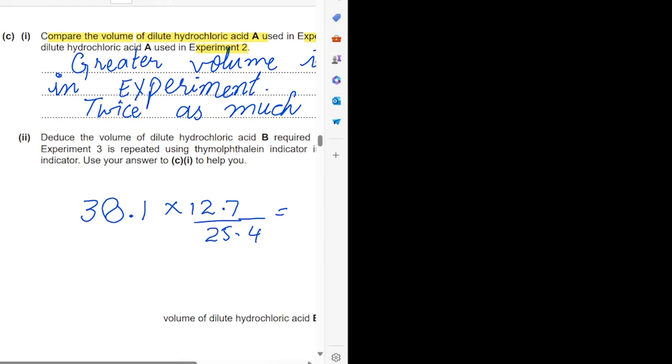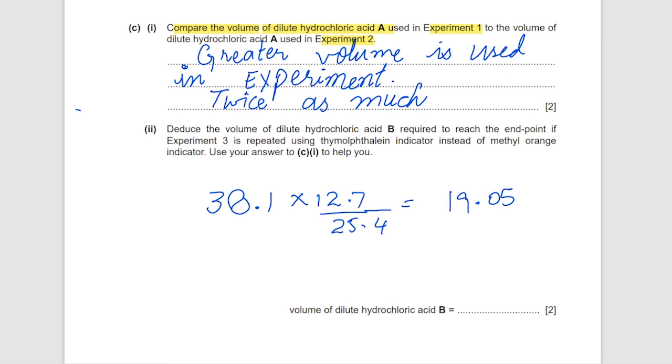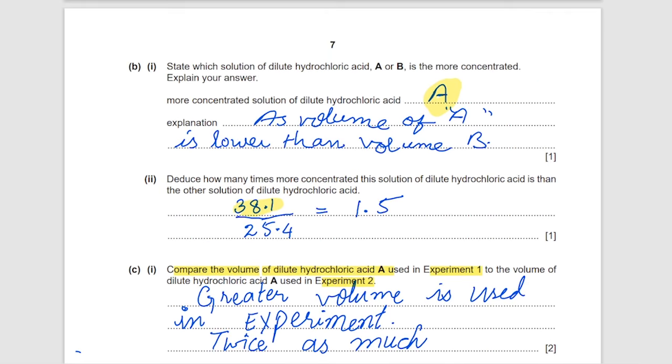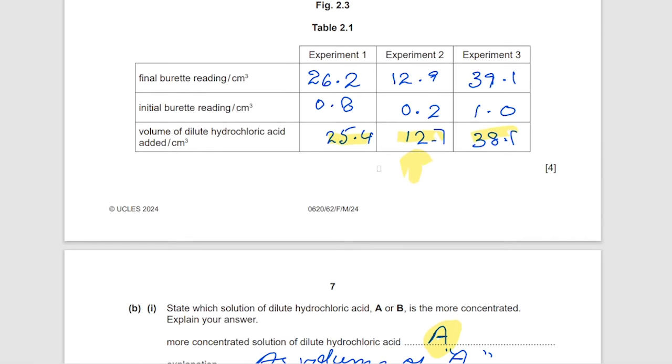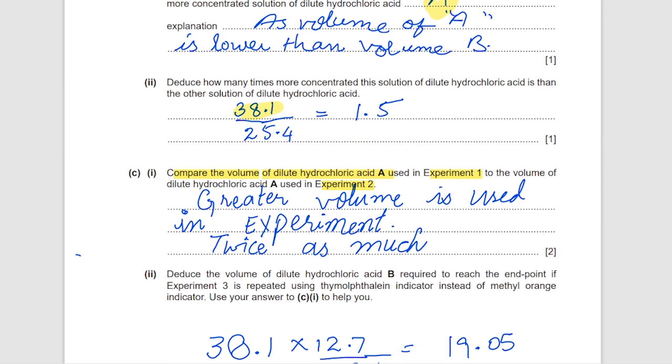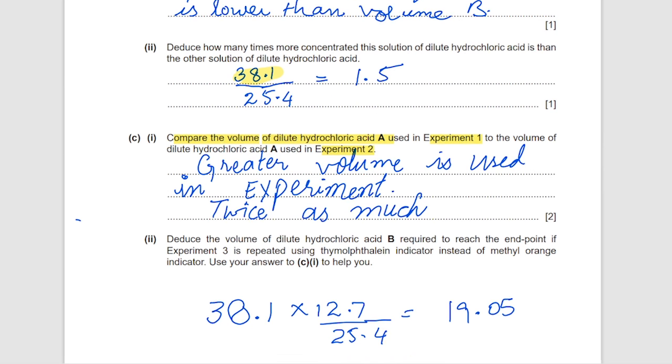You people can check the answer for experiment 1 and experiment 2: 25.4 and 12.7, almost double the value. So you can check its volume is twice as much. So greater volume is used in experiment 1.